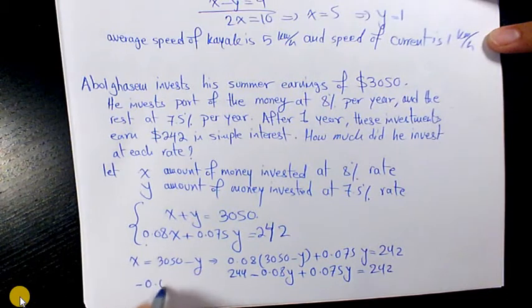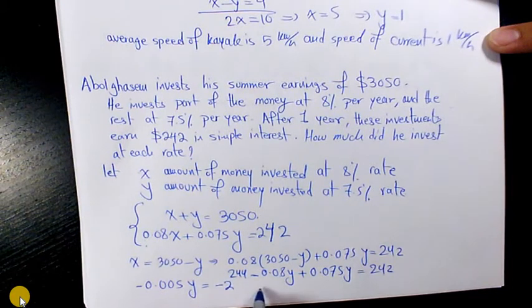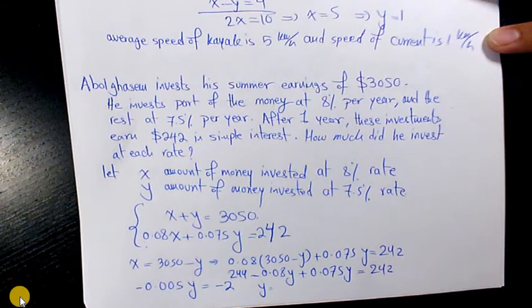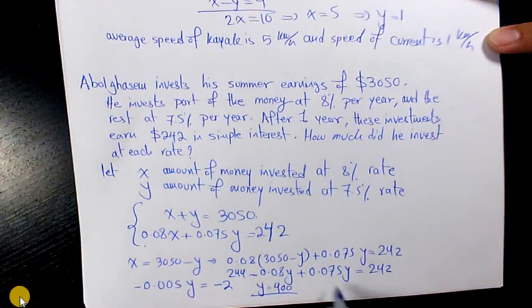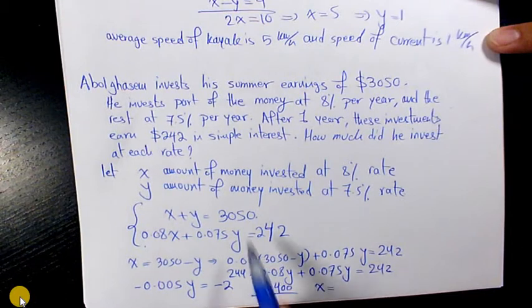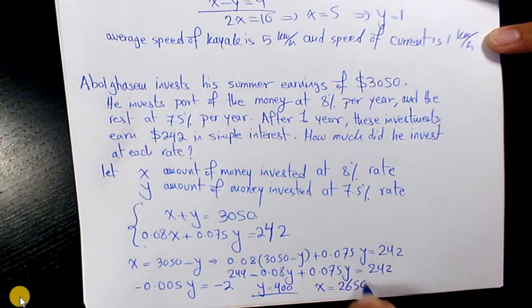So that's going to be negative 0.005y equals 242 minus 244, negative 2. So y will be 2 divided by 0.005, it's going to be 400, and x is going to be 30.50 minus 400, that's going to be 2,650.